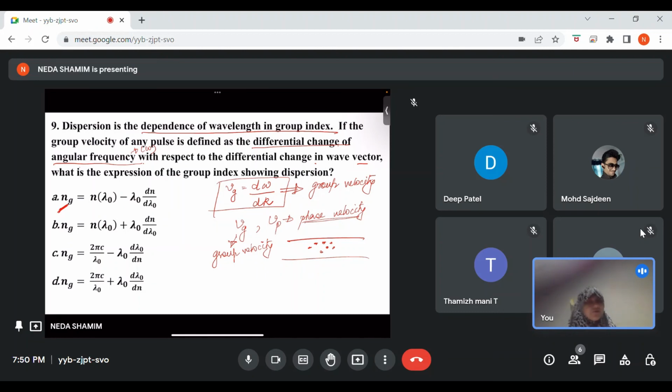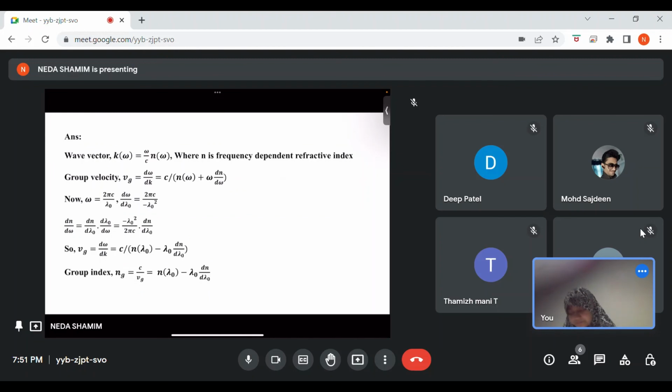So let's see, how do we find this? A simple answer to this lies over here, that the wave vector, we have studied in our electromagnetic courses that the wave vector of a wave traveling in a medium is given by omega by c times n.